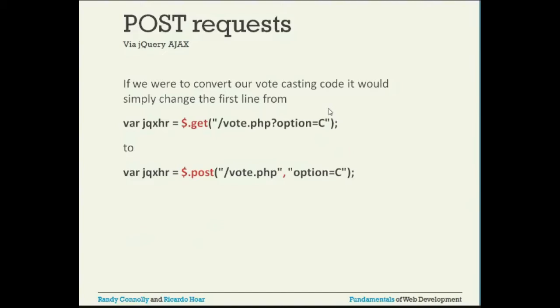As a response, you will get that particular data. In that example, we used the get method and option C was chosen. If you want to convert this to post instead of get, you will just change the get method to the post method and it will become an asynchronous post request.